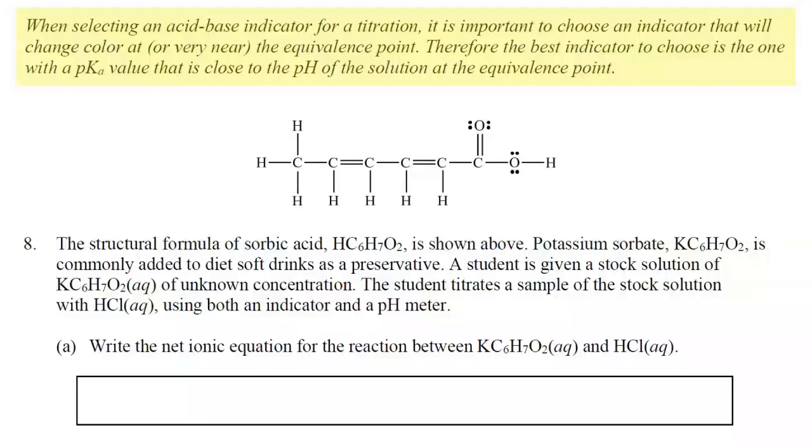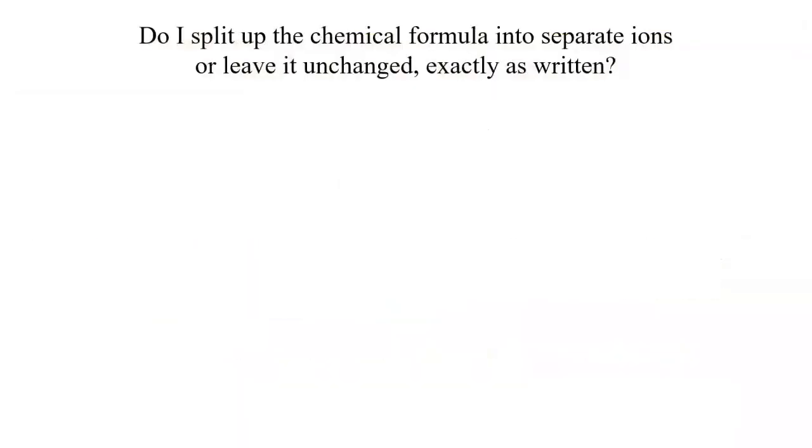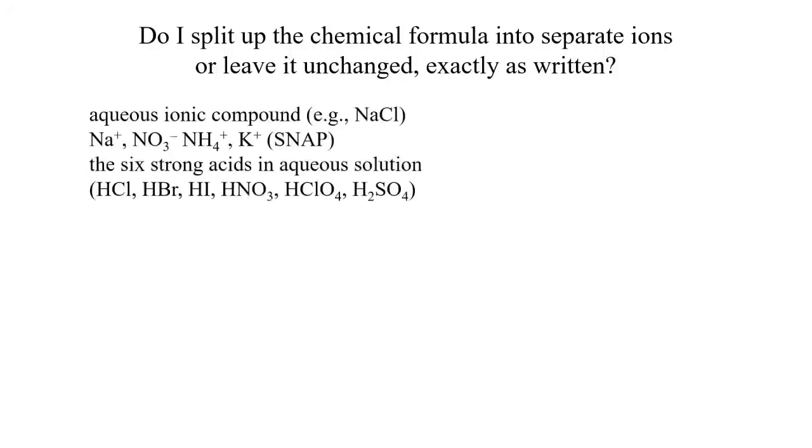So when you write the net ionic equation for a reaction that takes place in aqueous solution, it's important to consider the properties of each substance. And you might ask yourself the following question about each substance in the chemical equation. Do I split up the chemical formula into separate ions, or do I leave it unchanged exactly as written? Here are some guidelines for making that choice.